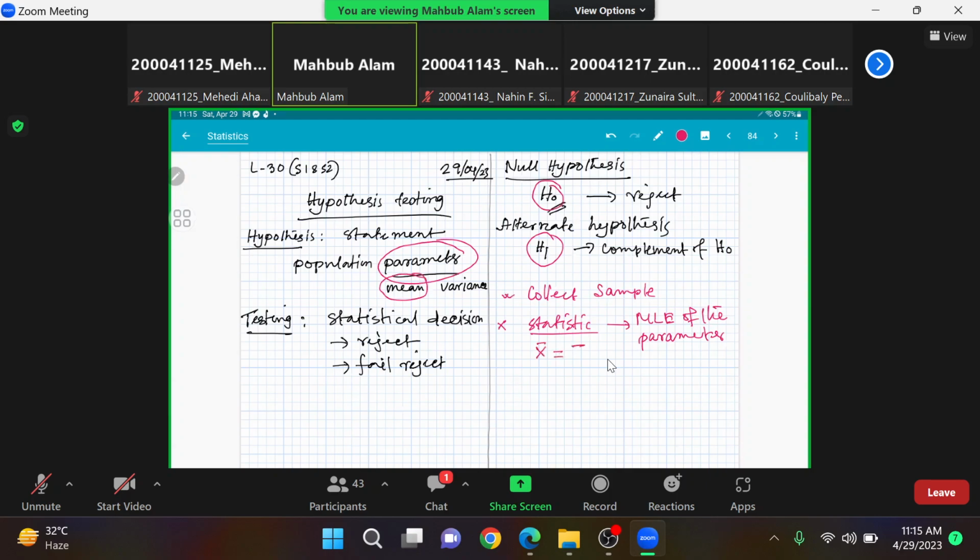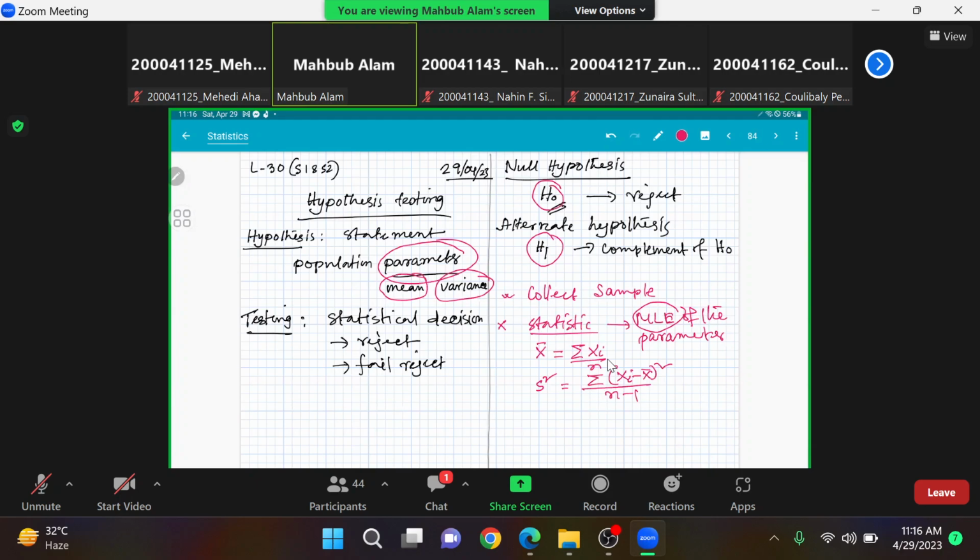If it is the variance of the population, then we define the sample variance S squared, which is the summation over all values of xi minus x bar squared, divided by n minus 1. So we define a statistic related to the parameter we are testing, and it is the MLE, the maximum likelihood estimator, of the parameter.